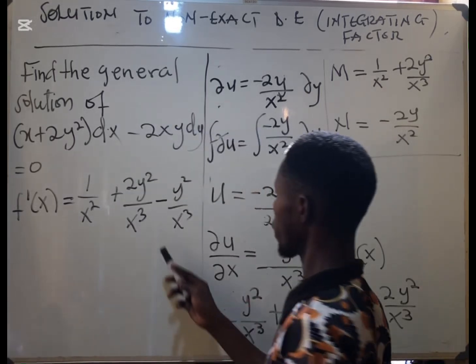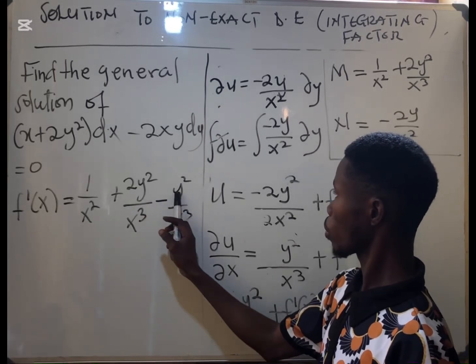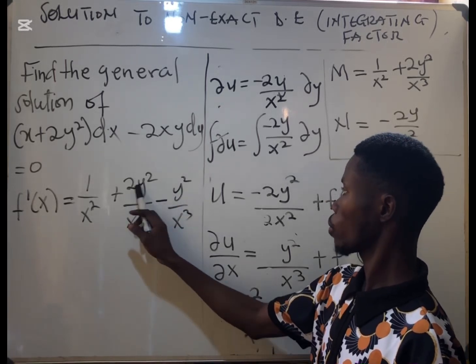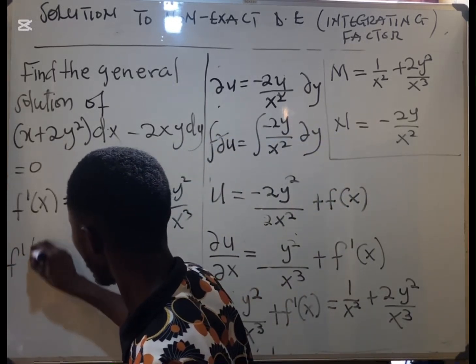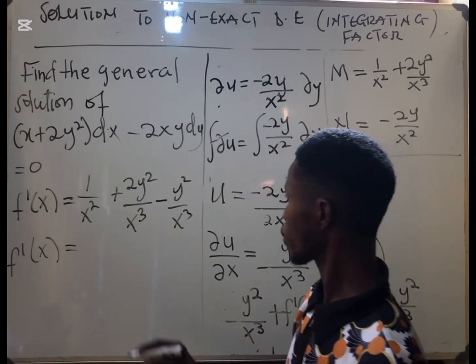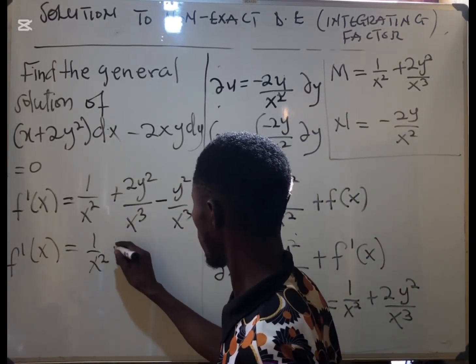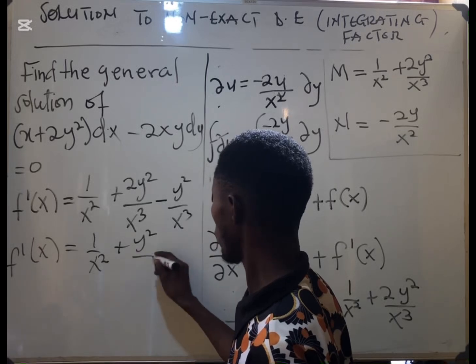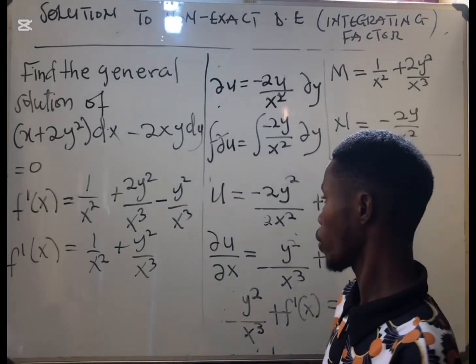So now here, this and this are the same, so I can subtract this one from this. If I subtract this from this, I'll have y squared. So I'm going to have f prime of x equals 1 over x squared plus y squared over x cubed. This is what you are going to have.